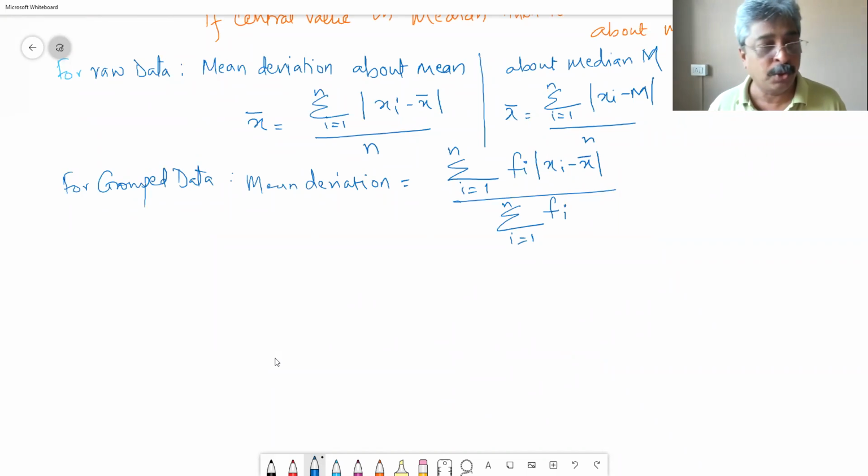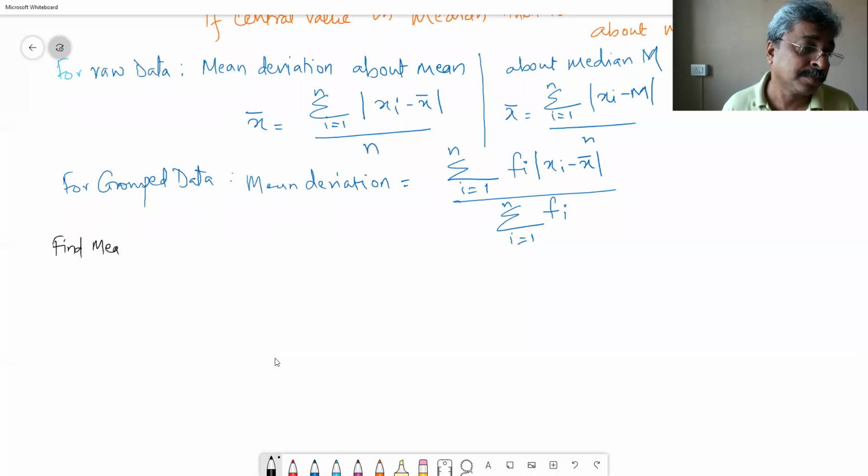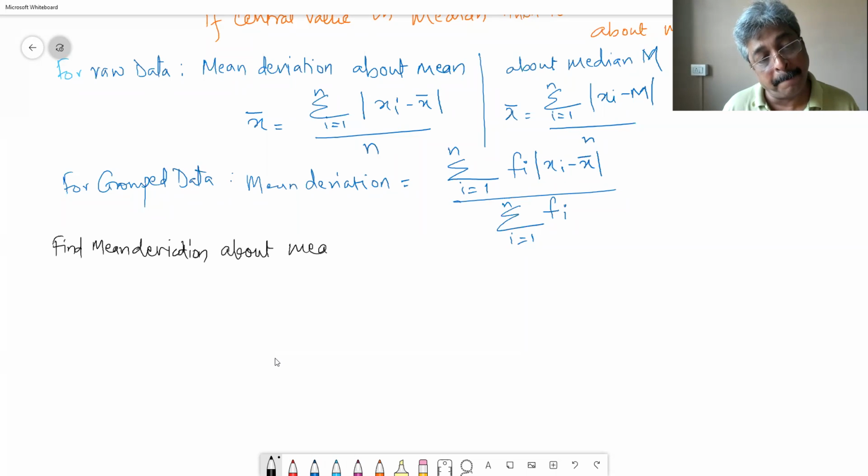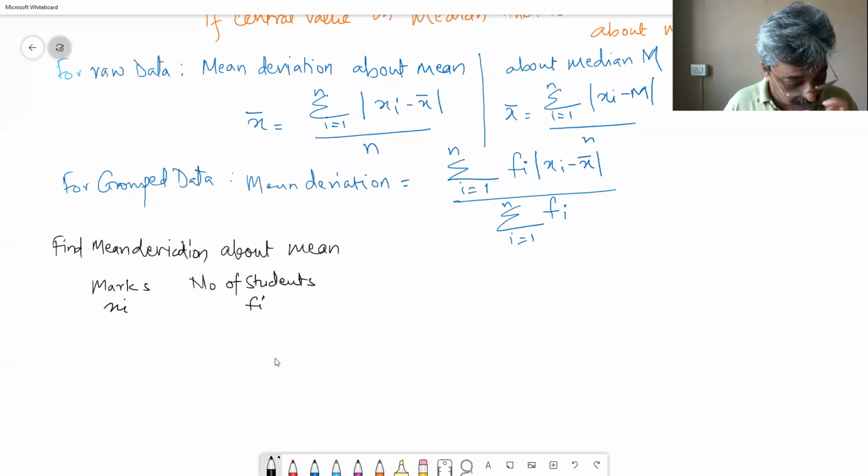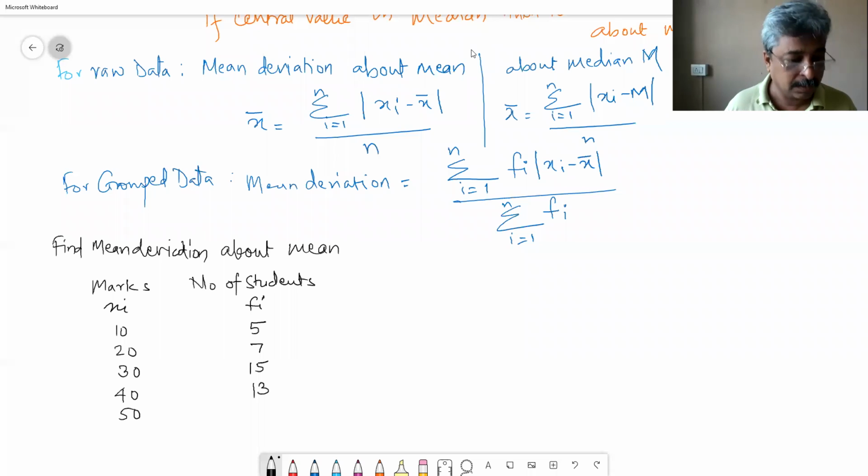Problem. Find the mean deviation about mean. Marks xi, number of students fi: 10 marks, 5 students; 20 marks, 7 students; 30 marks, 15 students; 40 marks, 13 students; 50 marks, 10 students.